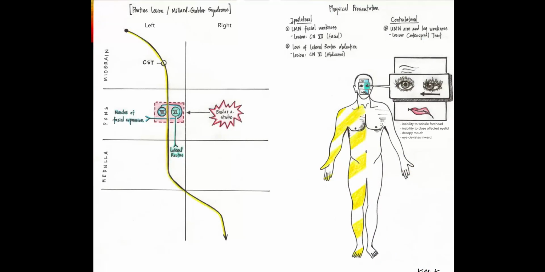So here is our important syndrome in the pons. Okay, and so here is cranial nerve 7 wrapping around cranial nerve 6, and here I've drawn in the corticospinal tract. So if we have a stroke in the pons, like a basilar artery occlusion that affects, in this case, the left side of the pons, then we're going to have a left 6th and a 7th nerve palsy.